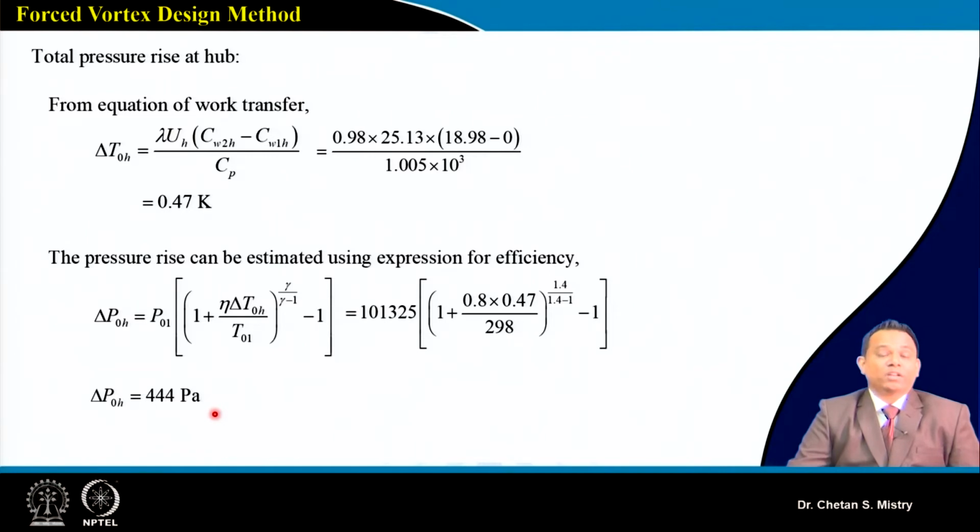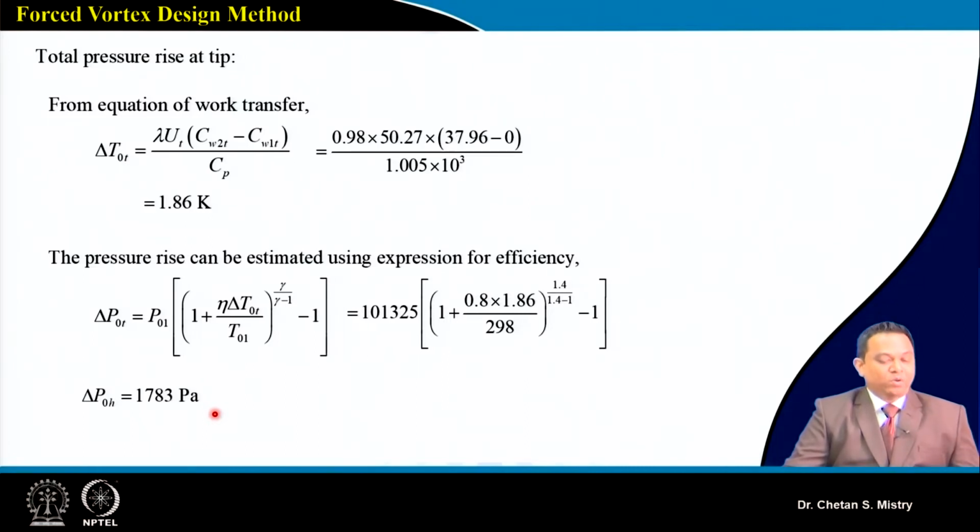Now look at this and compare it with what we have discussed up till now. For free vortex, we did not have any variation of H0. If we look at our fundamental approach, we are assuming this delta P0. Now for this forced vortex method, applying the forced vortex concept, we are calculating our delta P0 at that particular station.